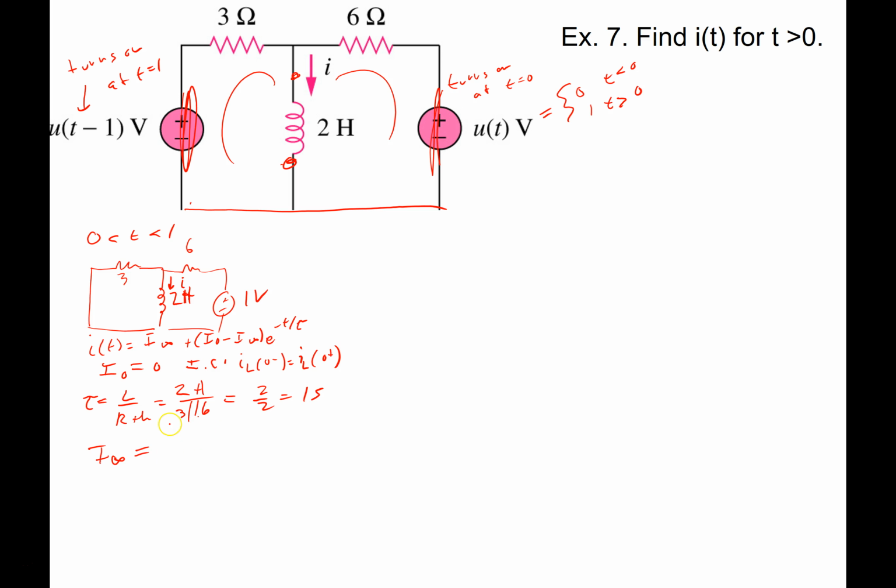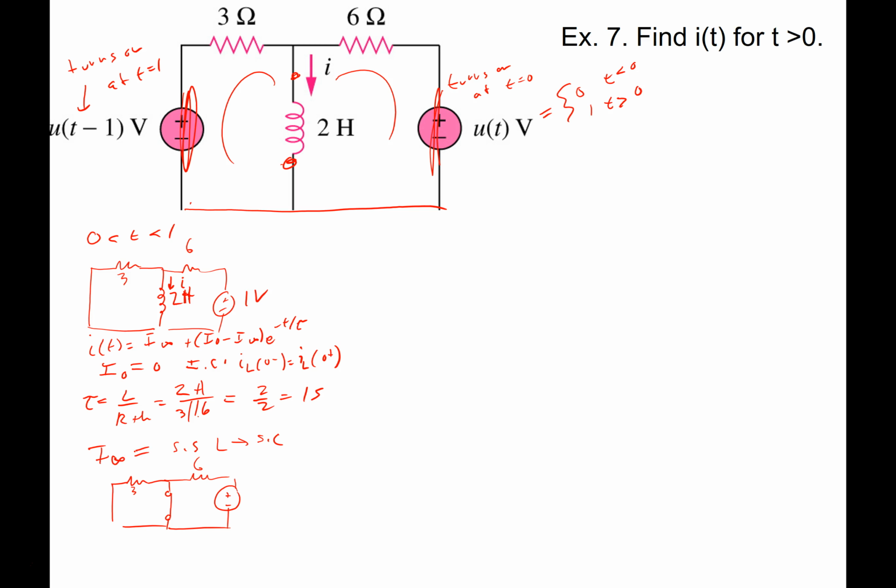And in the steady state, the inductor has become a short circuit. And so in the steady state, when you have that 1 volt source there, essentially what you've got is that short, which is the inductor, bypassing the 3 ohm resistor.